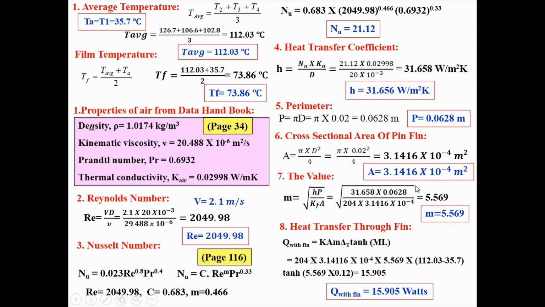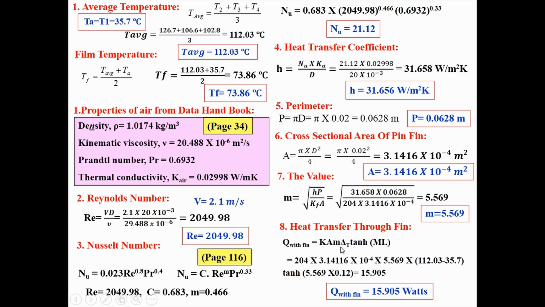Thereafter you have to calculate the heat transfer with pin. How to calculate the heat transfer with pin? We have an equation: k into A into m into delta T tanh(mL). What is k here? k is the thermal conductivity of aluminum, because we are using an aluminum fin, that is 204. A we already calculated, 3.14 into 10 to the power of -4. Multiply.